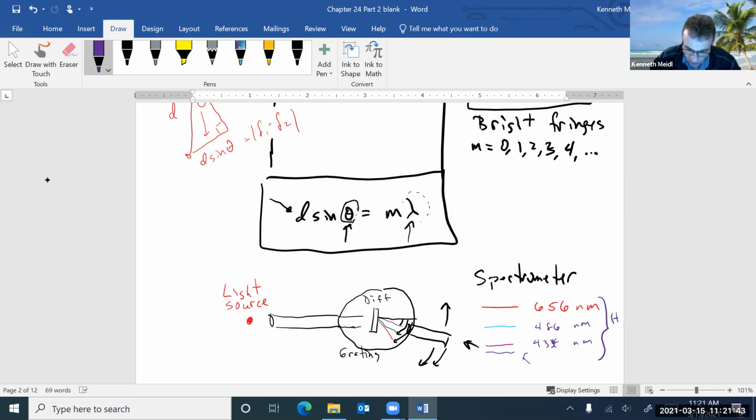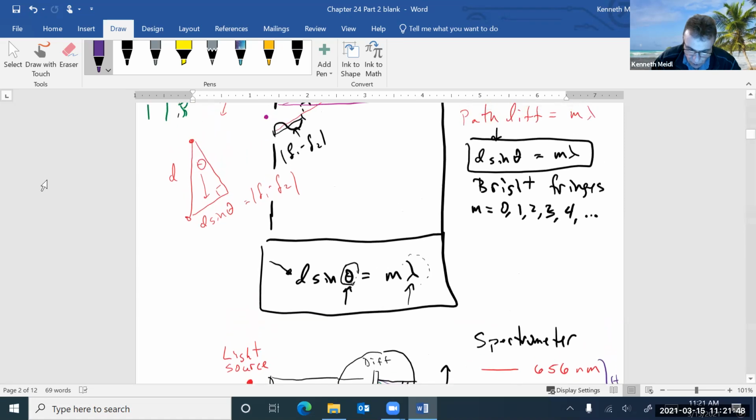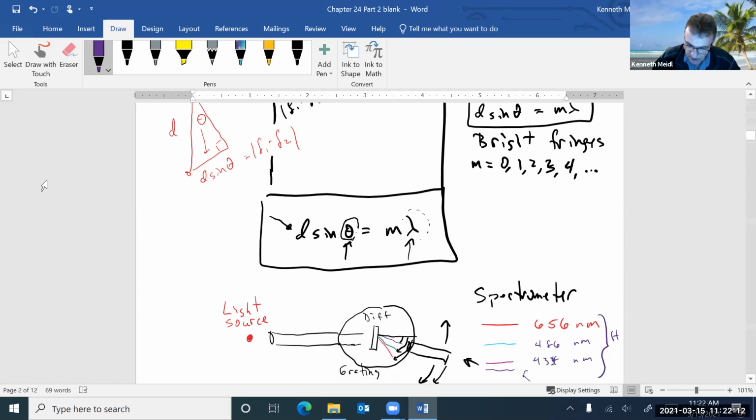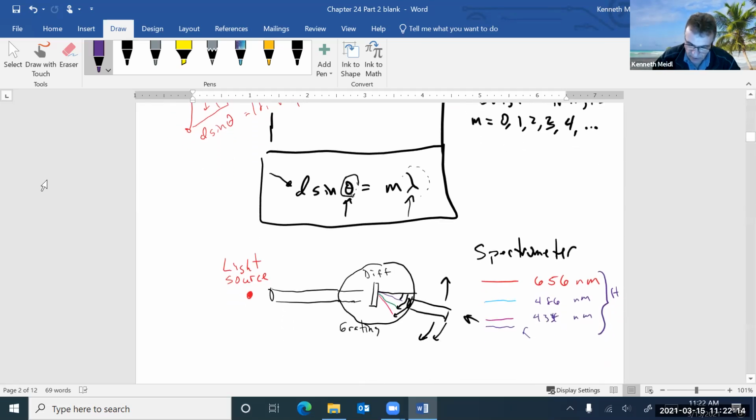And so, using two openings in Young's double slit experiment opens up the idea that light is behaving like a wave. It's acting just like a wave. When you have multiple openings, you have the idea of a diffraction grating. It leads to something much better in terms of making laboratory measurements that help us identify different materials.